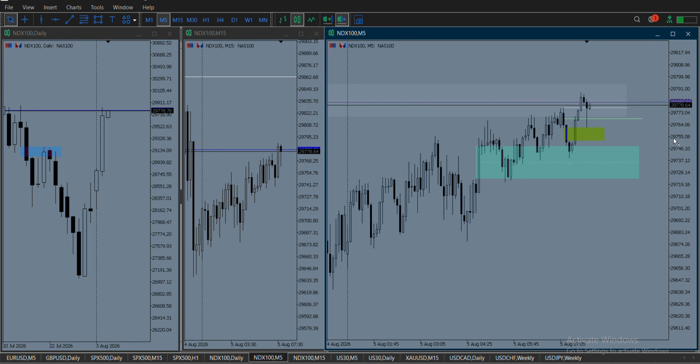Then we go to 780 again. So this candlestick's high here, that is from the new buy side.